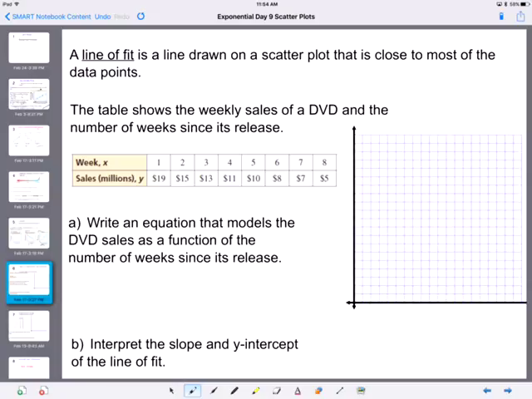So if you label your x-axis as your weeks, I'm going to count by 2s, so that I get a good picture of what's happening. So my x-axis is my weeks. My y-axis they told us to label as our sales.